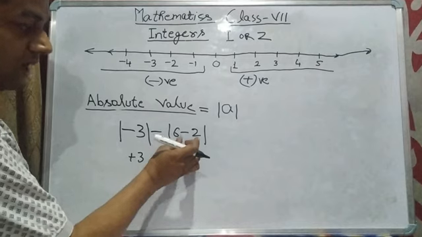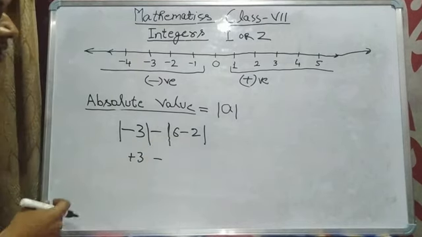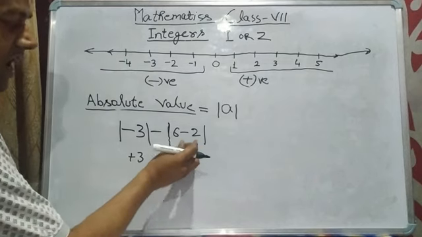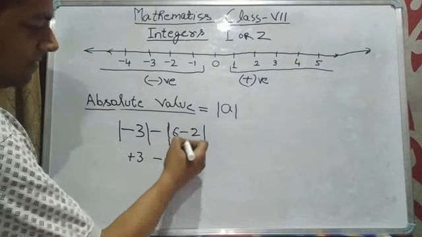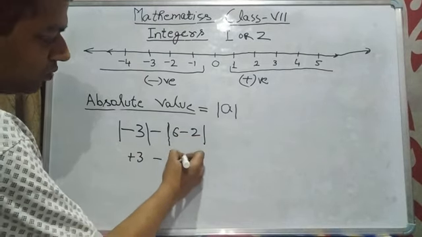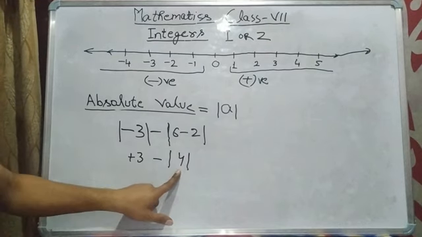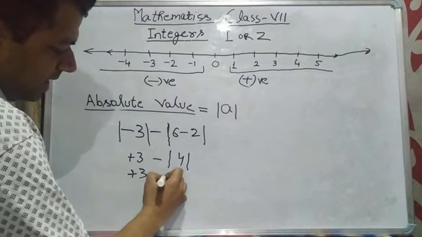Before solving this absolute value, it is not 16, it is a modulus sign. So before solving this modulus value, we have to first solve inside the modulus. That is 6 minus 2, which is 4. And now we will find the absolute value of minus 4.